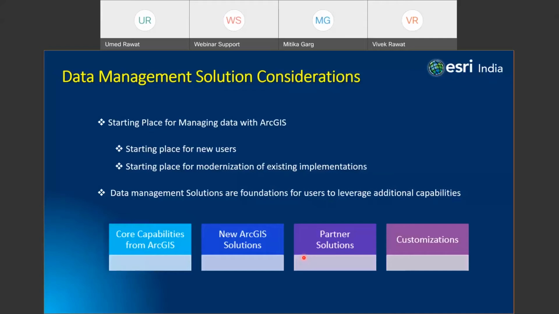We have partner solutions built around customized solutions on top of the utility network data management solution. Utilities can also customize their own solutions on top of these data management solutions. So these are the various ways through which you can extend your existing setups, or if you are starting to explore a utility network management solution, you can use that.